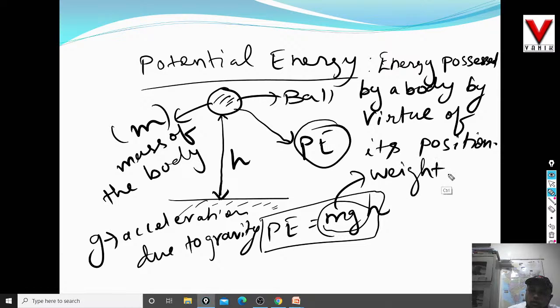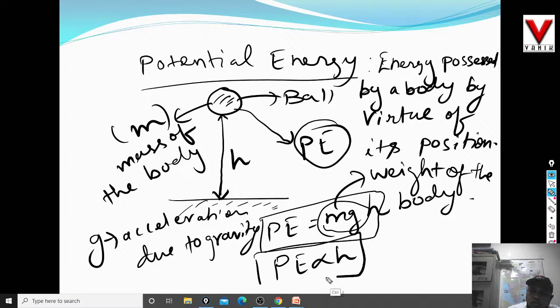So I can say potential energy is directly proportional to h. That means if I increase my h, my potential energy will also increase, or vice versa. If I decrease the height, potential energy will also decrease. So I think it is clear to you all what is potential energy.